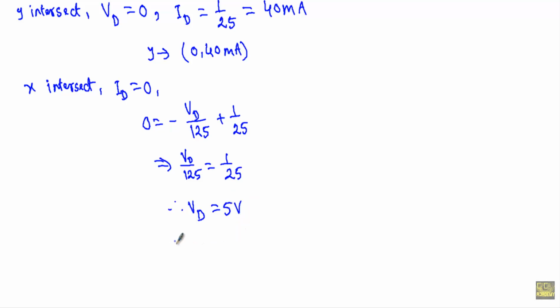So the load line will intersect the x-axis at point (5, 0). This 5 is the 5 volt.